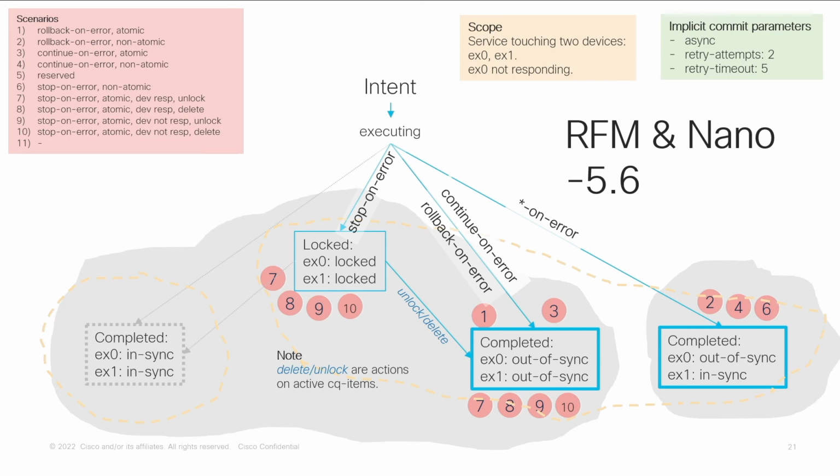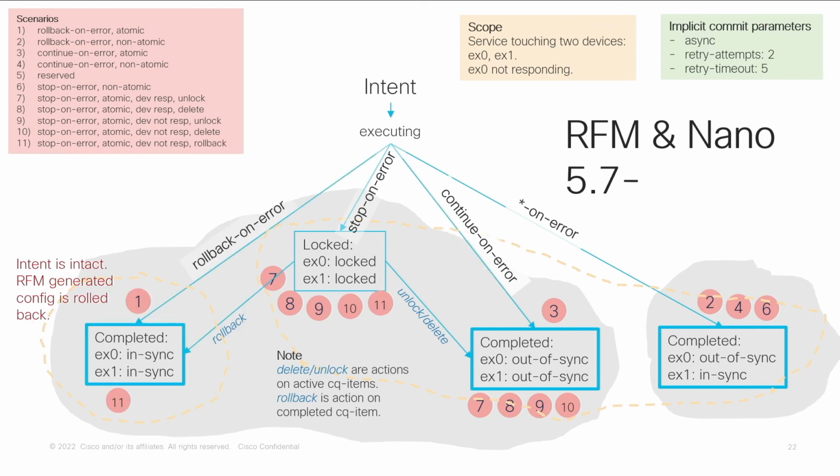So what we did, as part of the work we have done with increasing concurrency, is that in NSO 5.7 we got back on track, and now you can actually use rollback on error when you have a nano service or a reactive fastmap service.